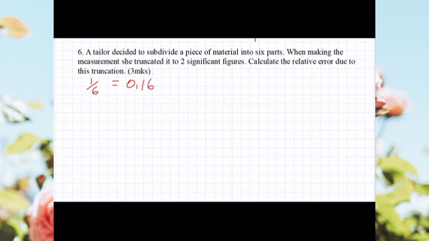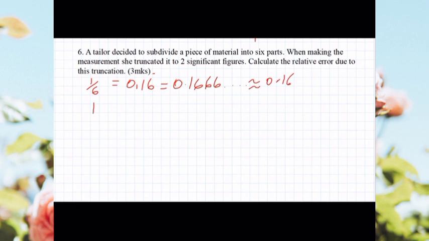0.16 recurring, which is the same as having 0.1666 and so on to infinity. And so now, in this particular scenario, if it is truncated to two significant figures, we are going to obtain 0.16.